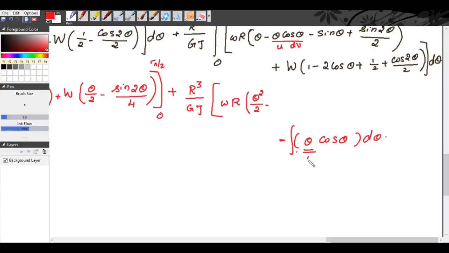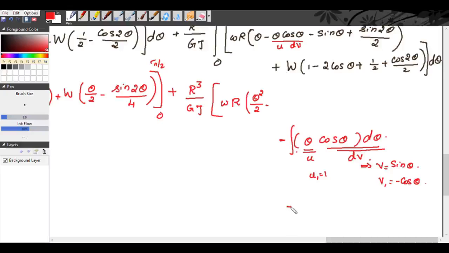This theta is taken as u, cos theta into d theta is taken as dv, from which we get u1, that is the differentiation of theta, equal to 1. From dv we integrate, we get v equal to integration of cos theta, which is sin theta. Now v1, integration of sin theta, is minus cos theta.